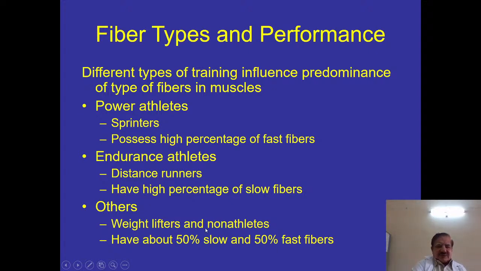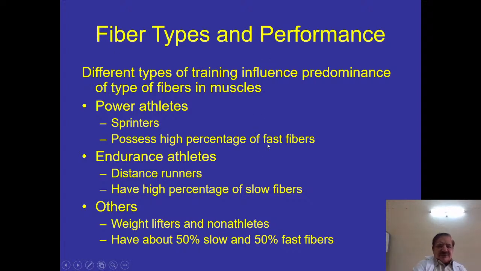Others, weightlifters and non-athletes, have 50% slow and 50% fast fibers. Now, why do sprinters need fast fibers? Because they go a smaller distance, say 100 meters. They run very fast and they fatigue easily, so they have to have very fast contraction.